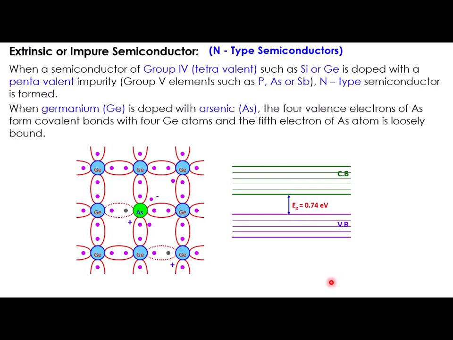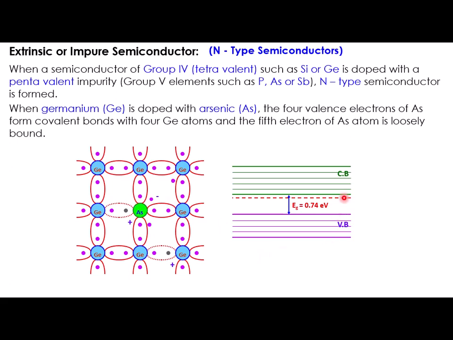Now, in this band diagram, this is the energy level of this donor electron. Since we discussed this donor electron will be very loosely bound to this arsenic atom, its energy level will lie very near to the conduction band, so that with a very little amount of energy it will be excited to the conduction band for the purpose of conduction.